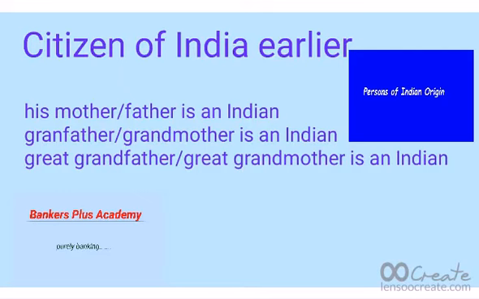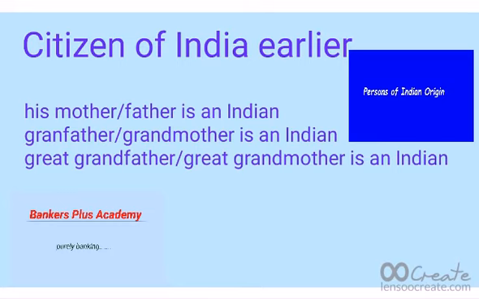This means that to be considered as a person of Indian origin, you should have been a citizen of India earlier, or your mother or father was an Indian, or your grandfather or grandmother was an Indian, or your great-grandfather and great-grandmother was an Indian.